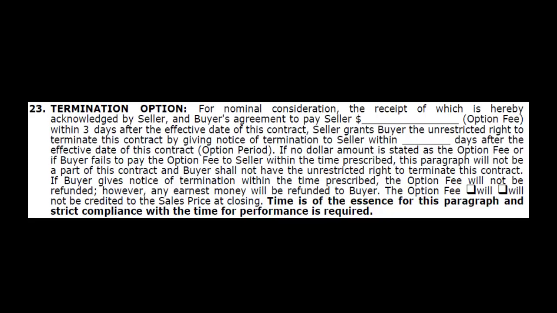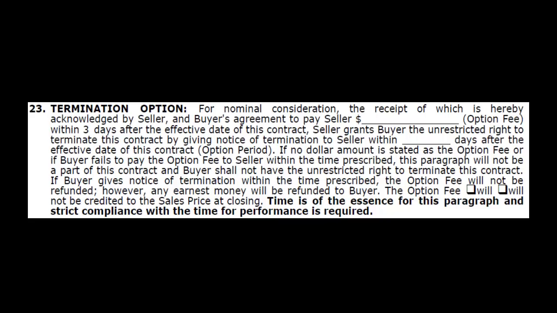Here it says it must be received by the buyer or by the seller, but really you're probably handing it to the seller's broker. Anyway, just get that receipt signed and you're good to go. This paragraph will not be part of the contract, will not have the unrestricted right to terminate.